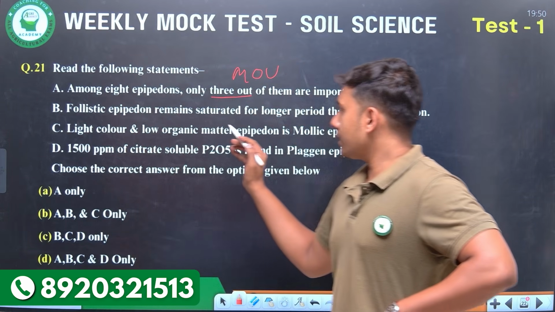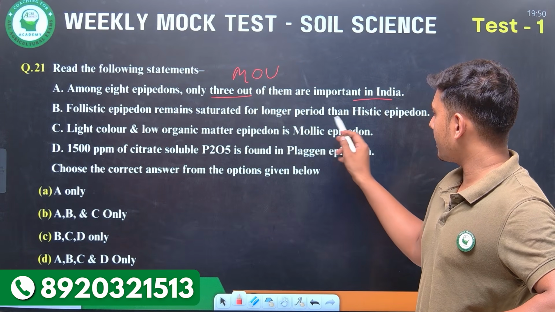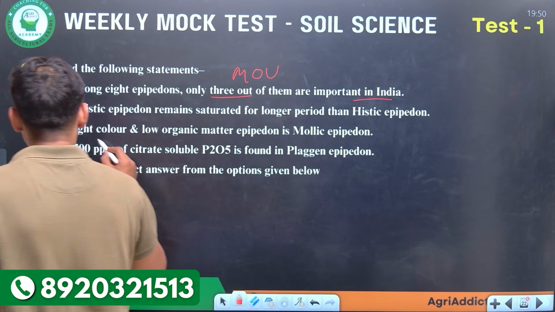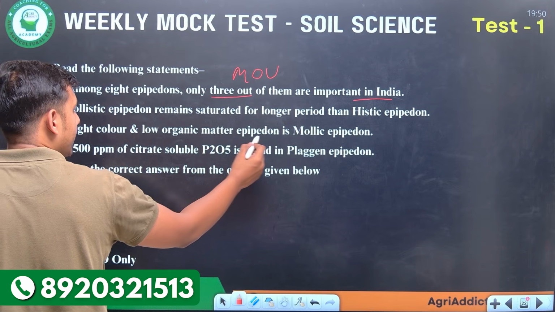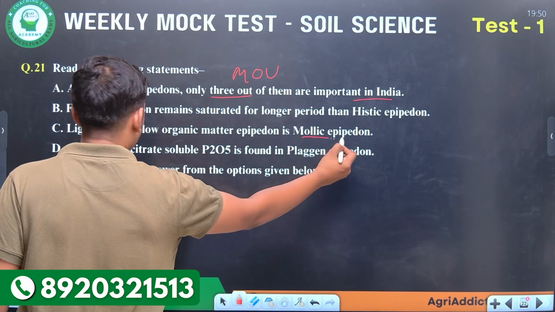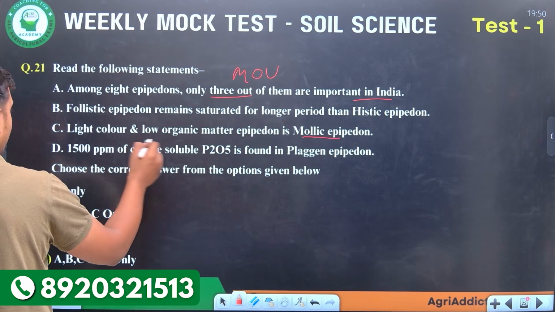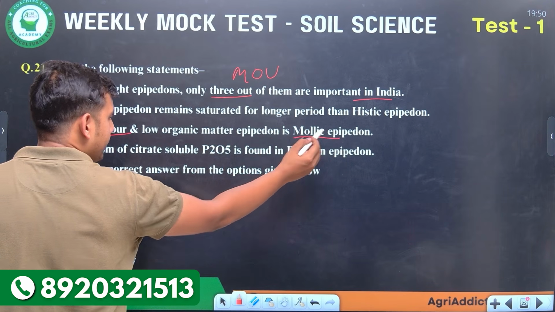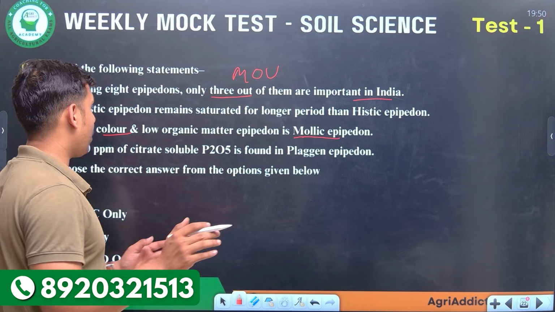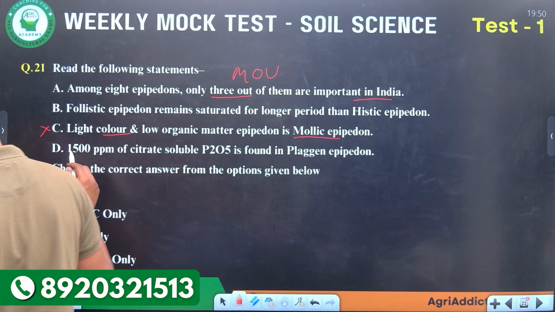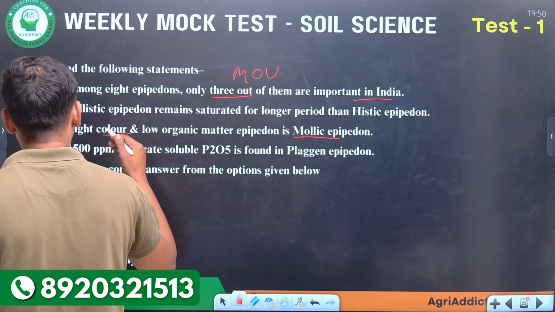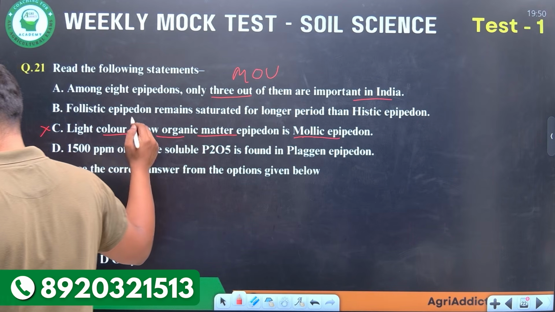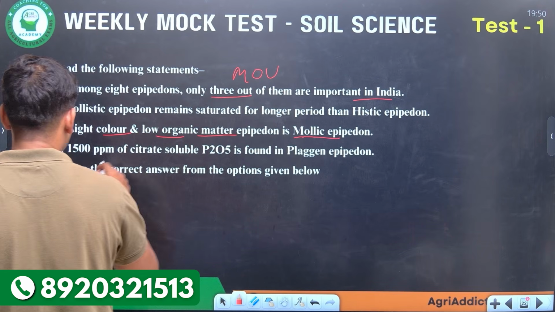Holistic is not saturated for longer period than the histic epipedon. Then, the light color and low organic matter epipedon is the mollic epipedon. No, this is also wrong. Mollic epipedon contains a high amount of organic matter, and its color is very dark. High base saturation is also found here.